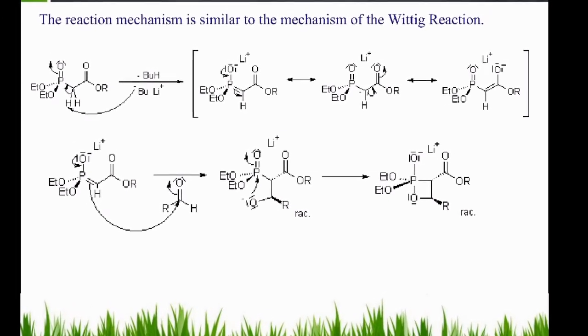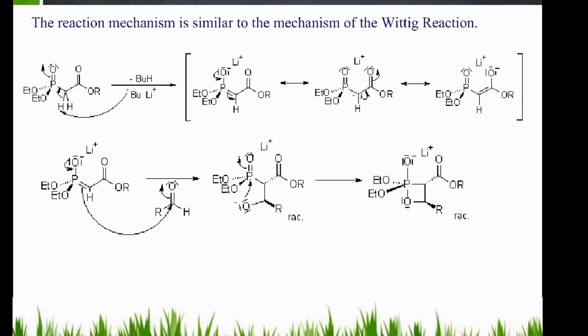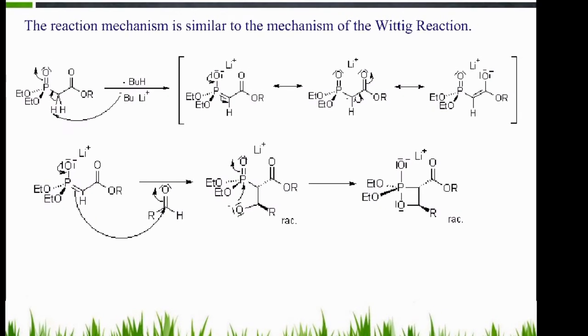So the reaction of aldehydes or ketones with the stabilized phosphorus ylide, phosphonate carbanions, leads to olefin with excellent stereoselectivity, that is E selectivity. So this is how the reaction could be represented.